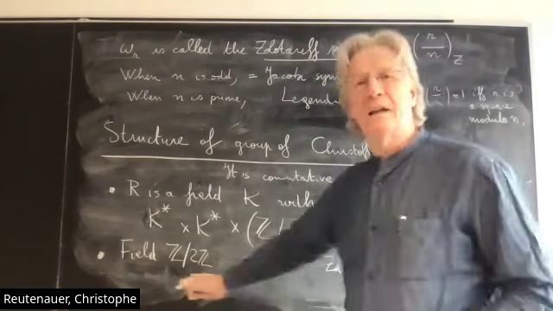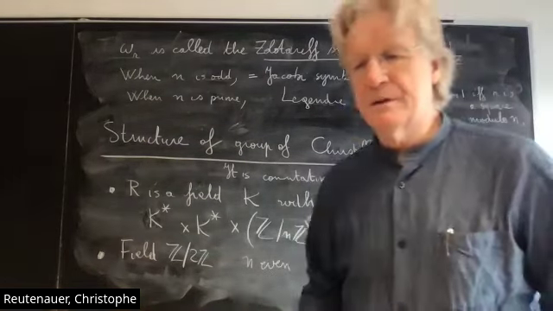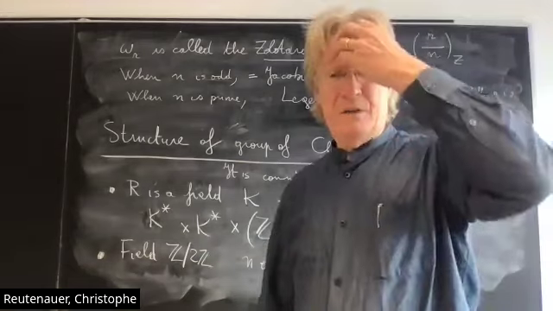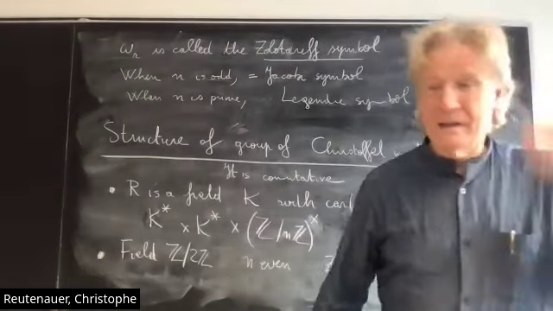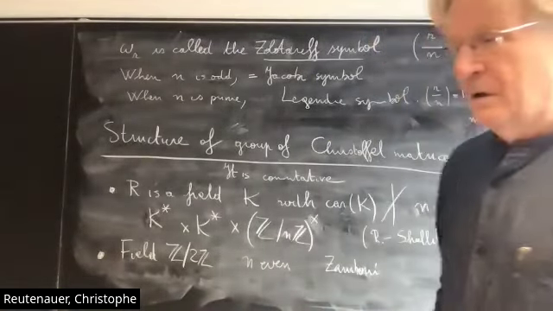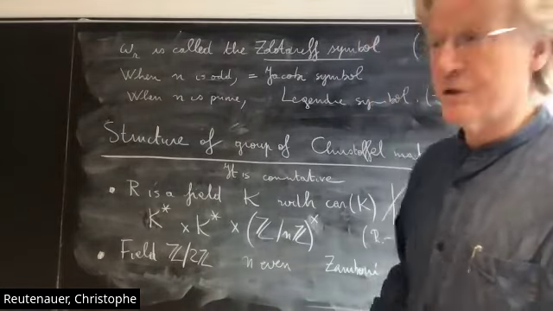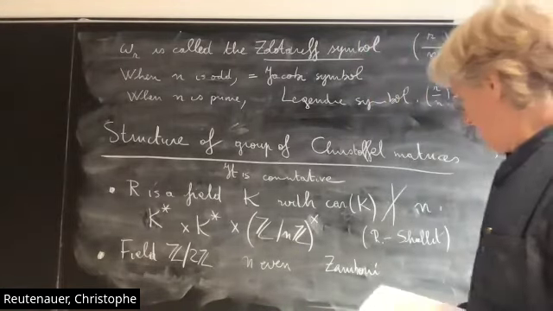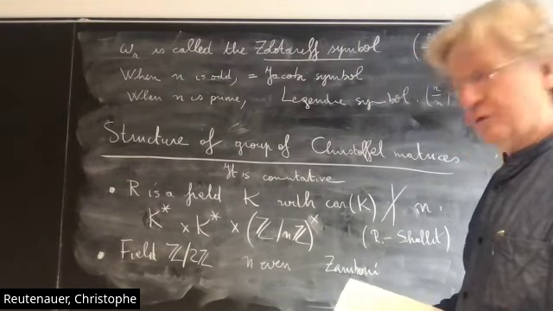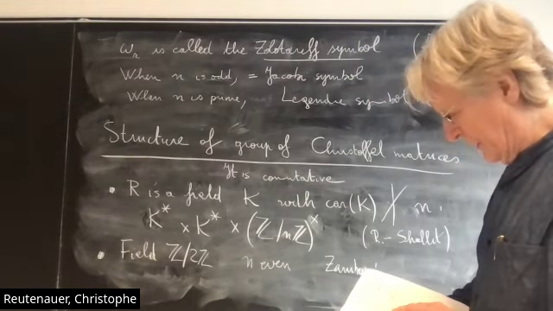The group of Christoffel matrices is a finite abelian group, so one can ask for the structure, which amounts to computing the divisors or something like this.